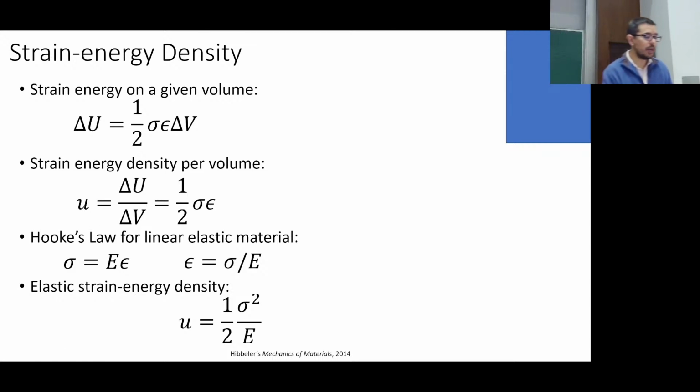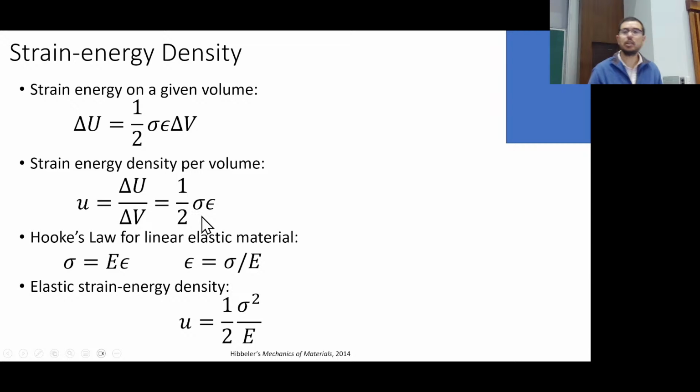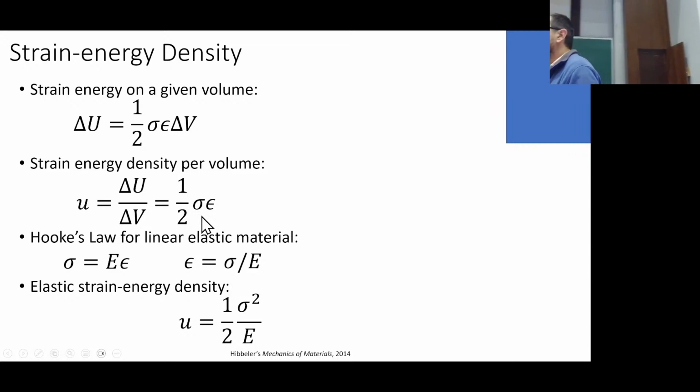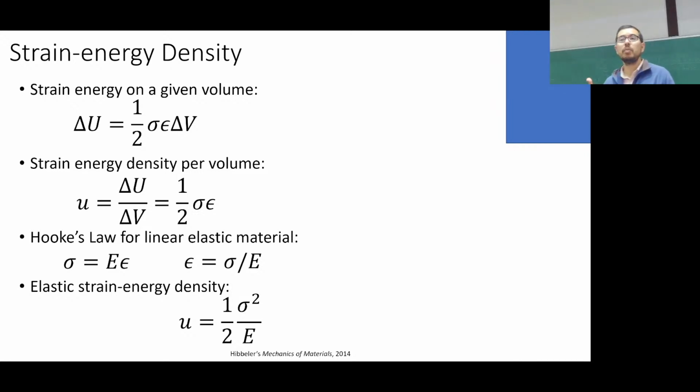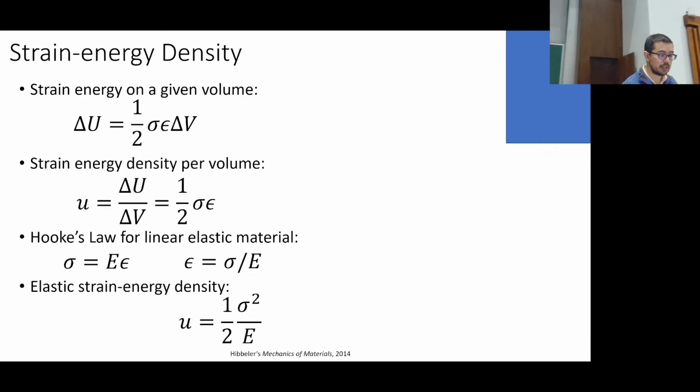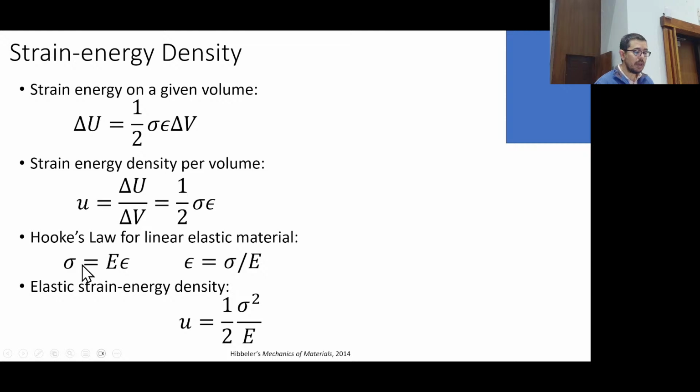So now we're back to sigma times epsilon, and sigma times epsilon units are pascals, because epsilon is dimensionless. We have now Hooke's law for a linear elastic material. Sigma equals E epsilon. We can rewrite that epsilon is equal to sigma over E. And then now we have a quantity that we call the elastic strain energy density, just substituting the epsilon back in there.